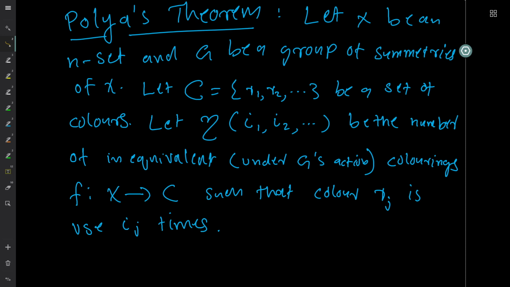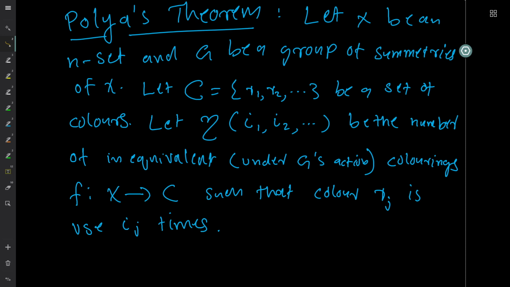So let X be an n-element set and G be a group of symmetries of X. Now, let us consider a set of colors C, which is R1, R2, etc., some set of colors. It could be finite or infinite, but we will take it to be infinite for the time being.